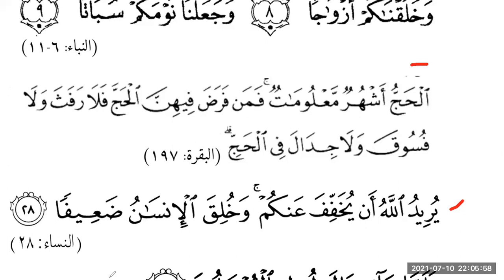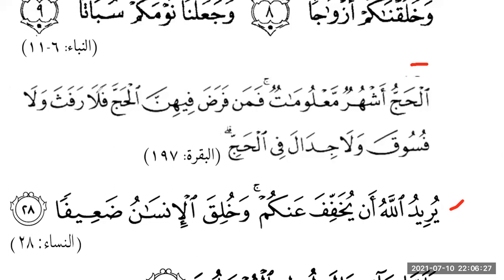Jidal means to argue, and jidala is a noun, so argument. So this sentence says there is no sexual intention, no whatsoever bad deeds, and no whatsoever argument during the pilgrimage. That's how you translate the sentence.